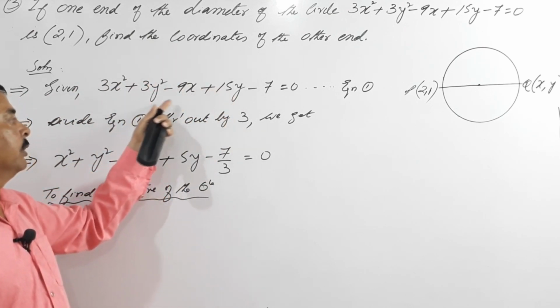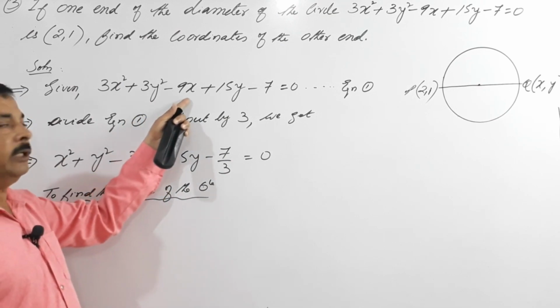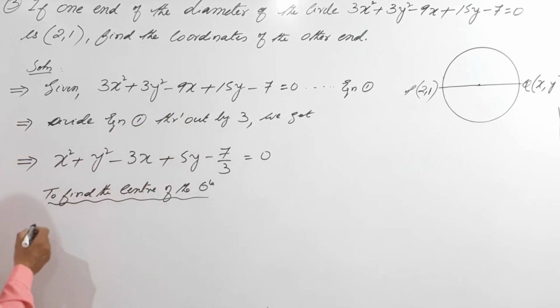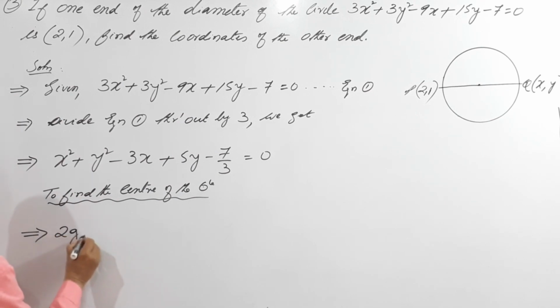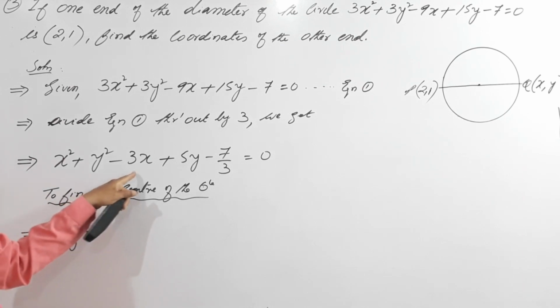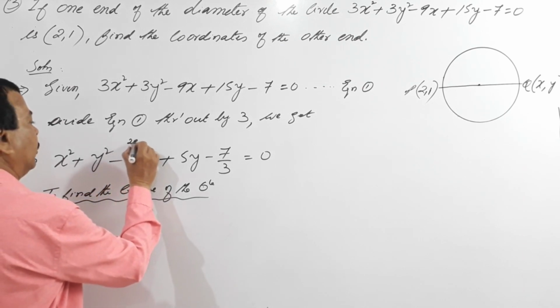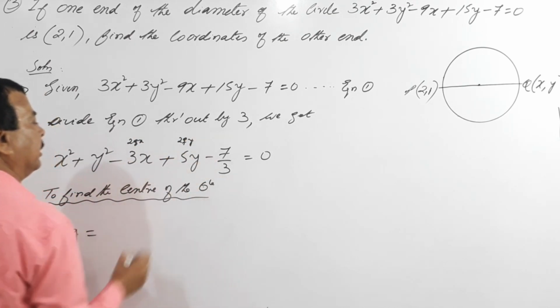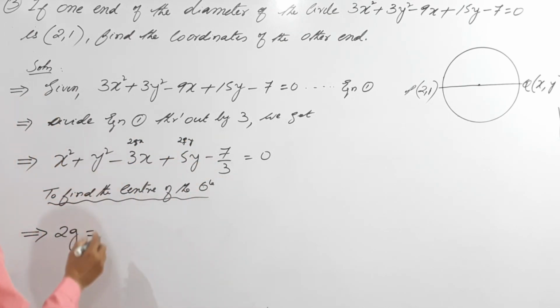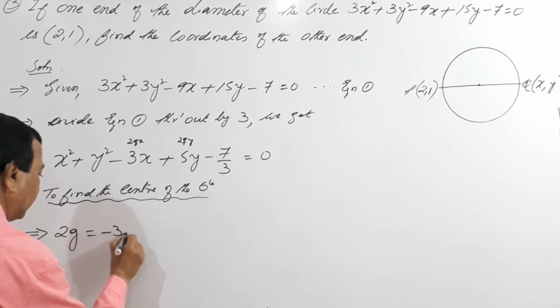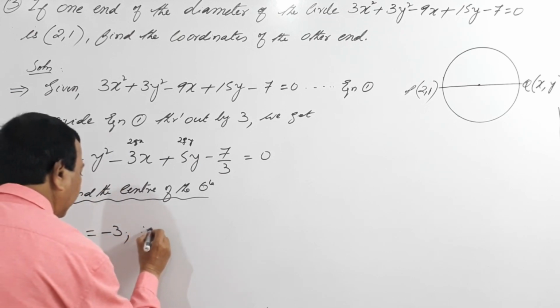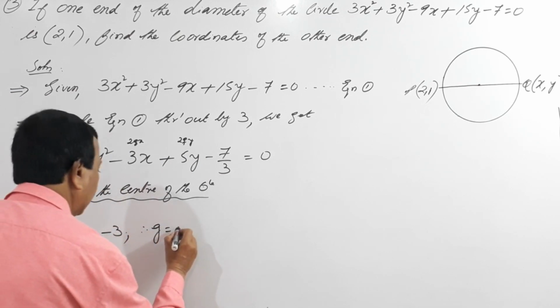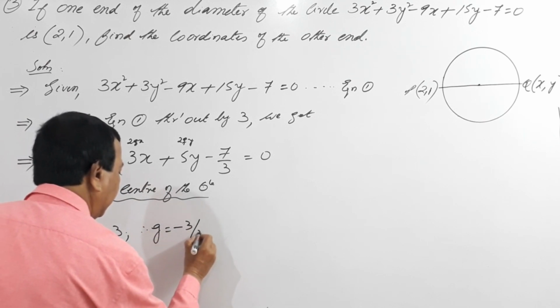What is the coefficient of 2g? That is minus 3. So to find the center of the circle, 2g equals the coefficient, that is nothing but this is our 2gx and this is our 2fy, isn't it? So what is the coefficient of it? That is minus 3. Therefore, g will be minus 3 by 2.